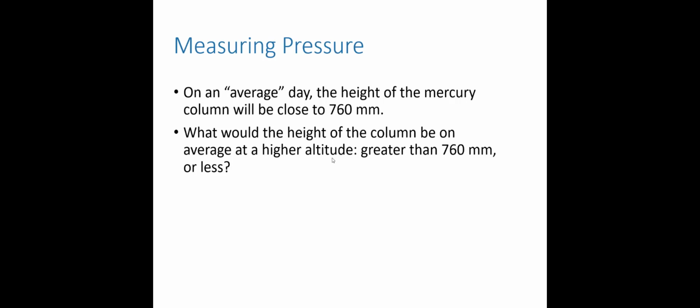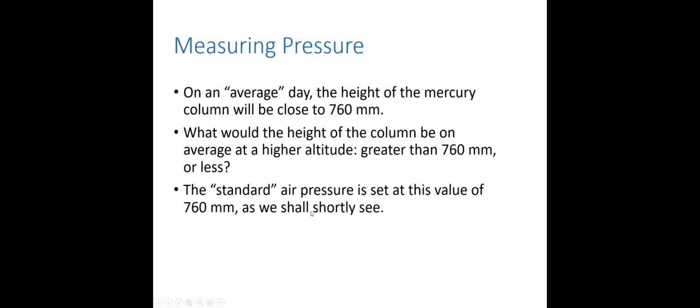Less air above you ultimately means less pressure on the surface of the mercury pool. So some of that mercury will come out of the tube, and so we'll see that the air pressure would be, in fact, less. And so we're going to define air pressure using that value of 760 millimeters.